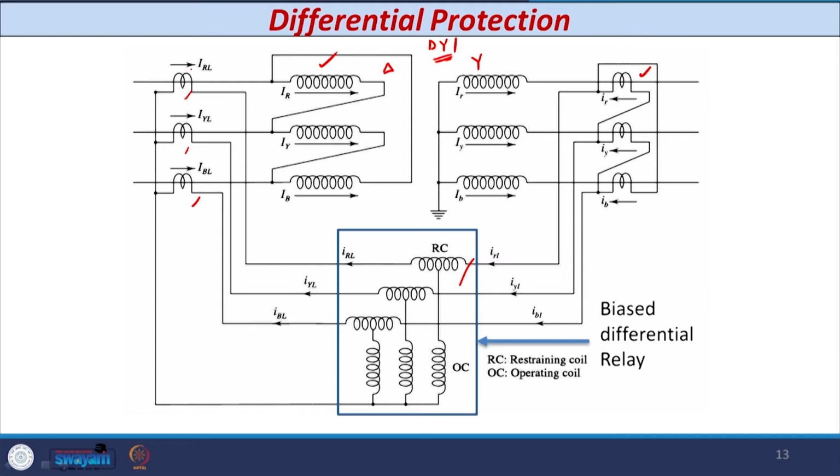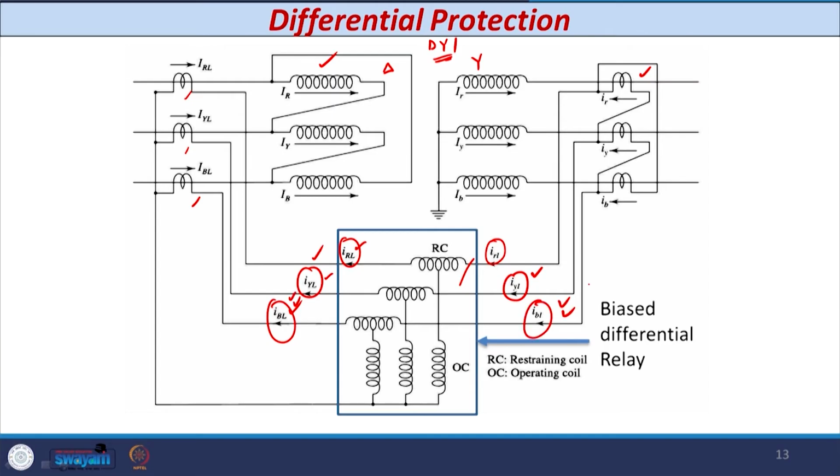You can see that the primary currents on the delta side are IRL, IYL and IBL. The secondary currents are 180 degrees out of phase, that is IRL and IBL. This current should be equal to the current given on this side, that is IR, IY, IB. So small IR, IY and IB, this current and this current should be the same, and likewise for the other pairs.